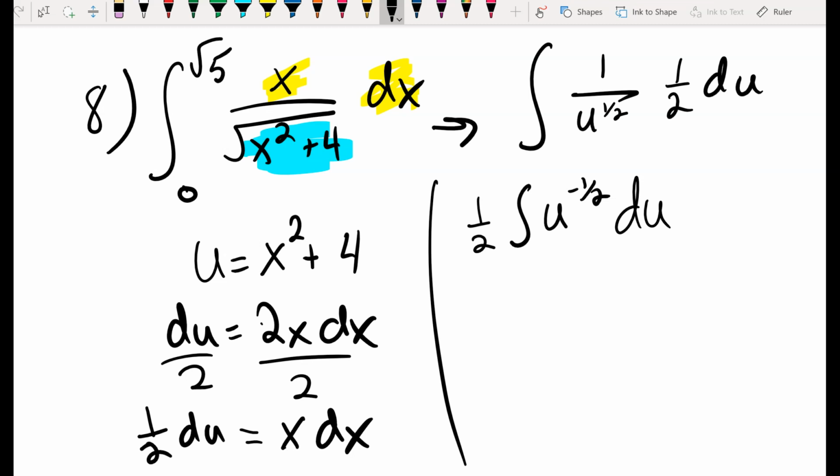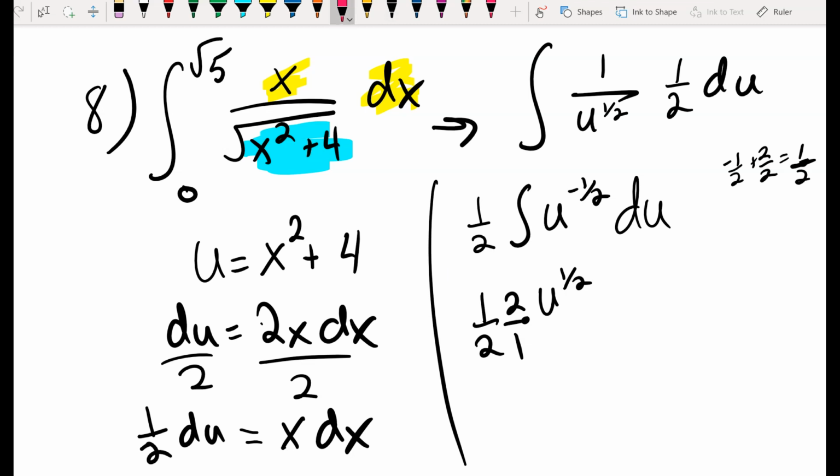Now I can integrate. I can add 1 to the exponent. Negative 1/2 plus 2 over 2 is just 1/2. And I'm going to go from there. So that's 1/2 times u to the 1/2. And again, instead of dividing by 1/2, I'm just going to very quickly multiply by the reciprocal, which is just 2 over 1.